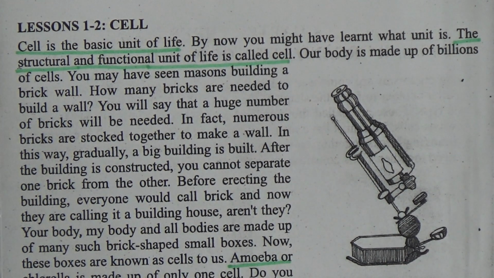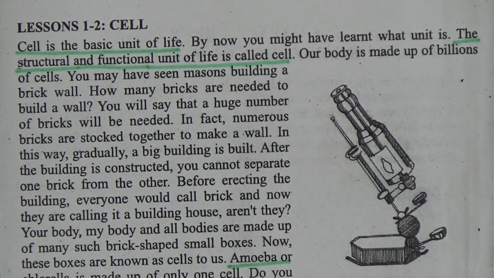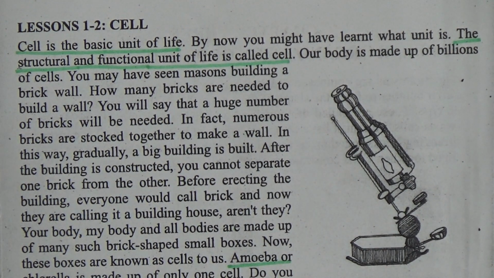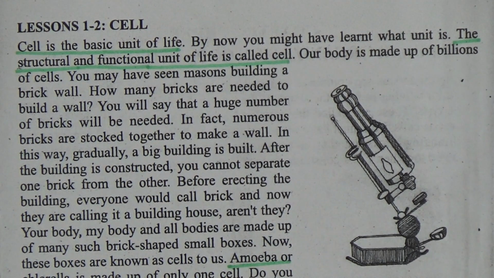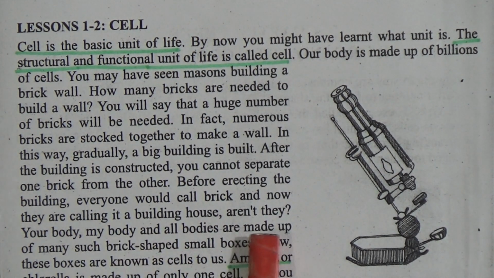At first there will be one cell, and then when other cells are produced, they make our body parts, and when all the body parts are created, then we call it a human body or animal body or plant's body.